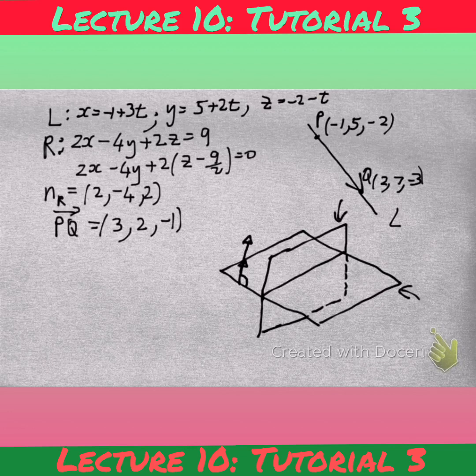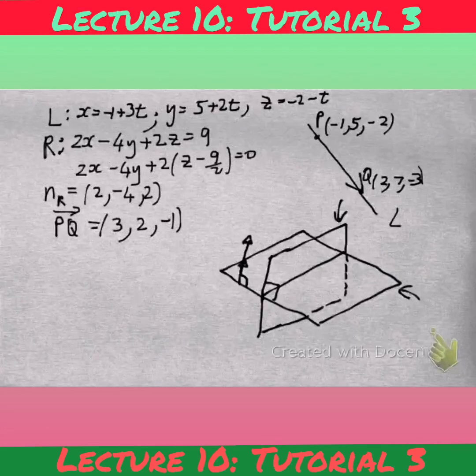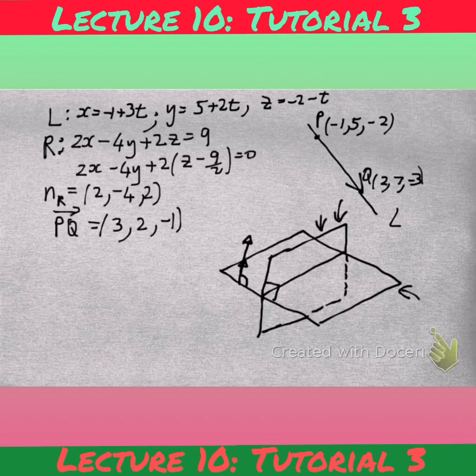Okay, so for me to find the equation of this plane, I need to find a normal vector there. So the normal vector is basically going to be a vector that looks like that. And that vector has to be orthogonal to the normal vector of this plane here.